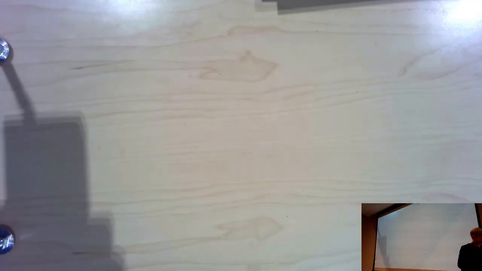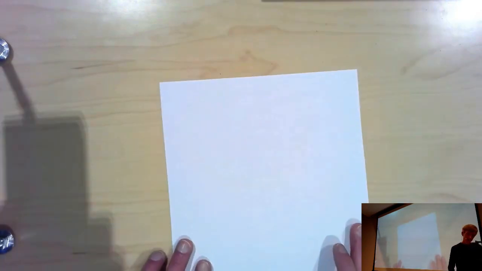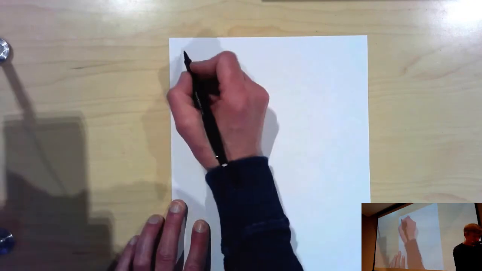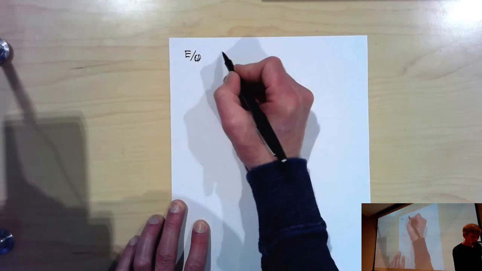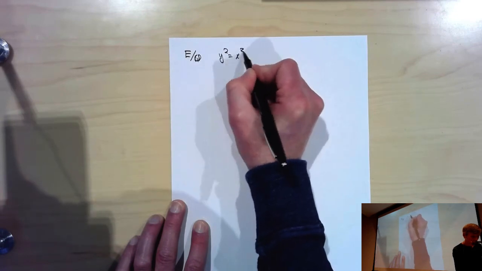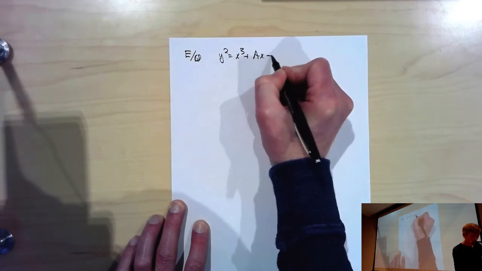So now we want to move to a dimension 1 example. And now I will give the line that I would normally start my talks with, which is: let E be an elliptic curve over Q, which we know we can always write in this form.